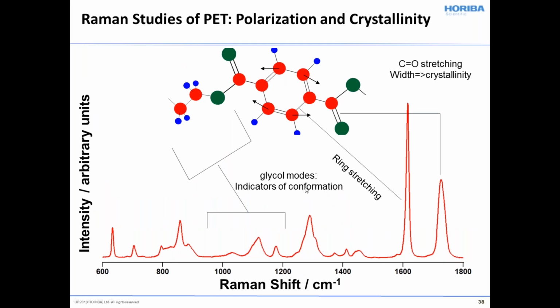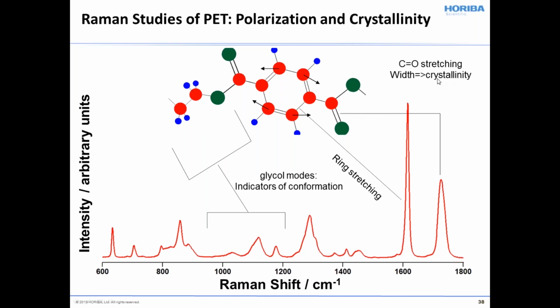Now, one point that I want to make about the PET is that when breaking down the structure of PET and assignment of modes, you've got bands in here which can be assigned to the glycol modes. This is a ring stretching band. This band here is a carbonyl band, which, as it turns out, is very sensitive to ordering and, in particular, crystallinity.